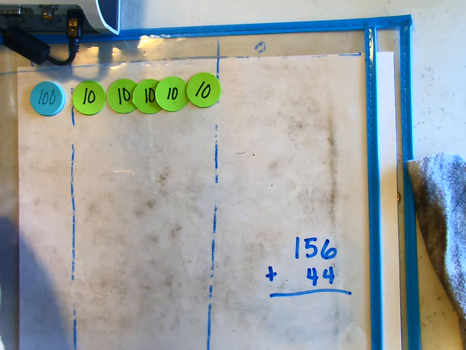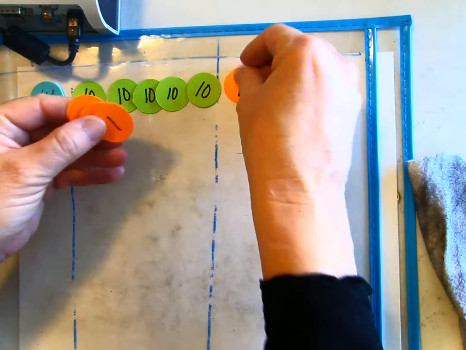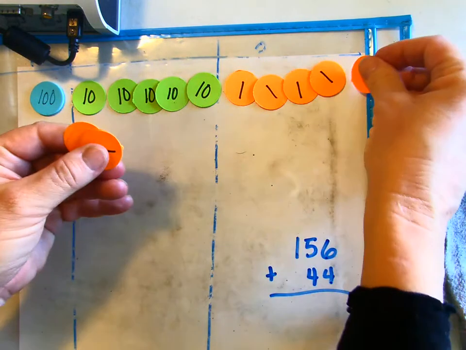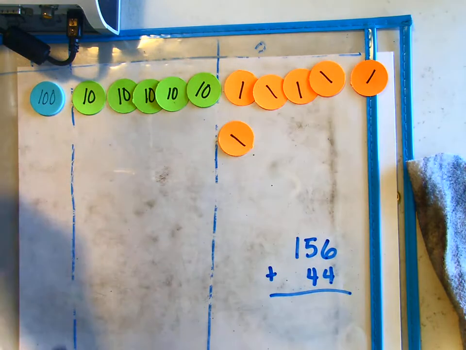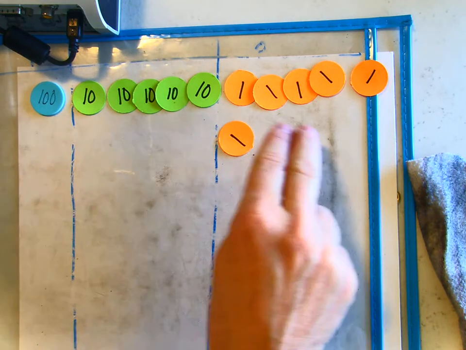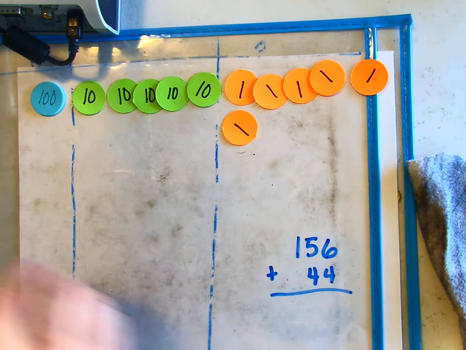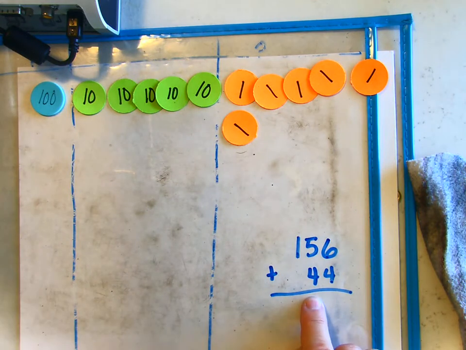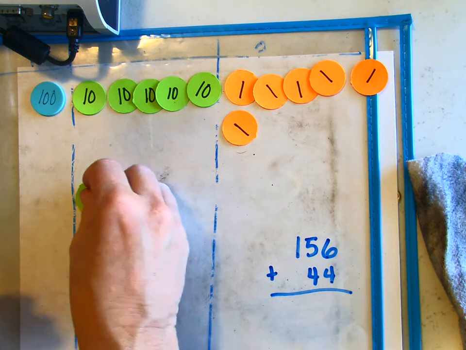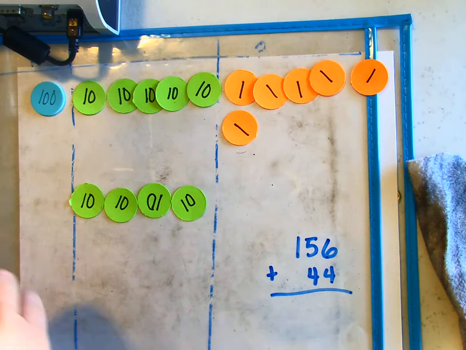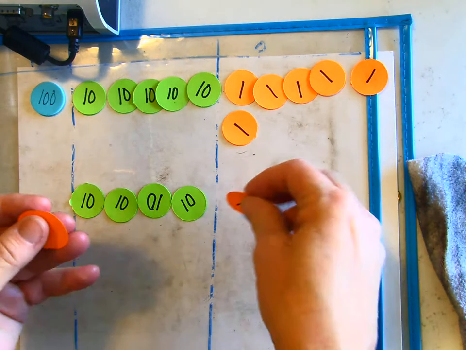And we need 6 ones. 156. And we're going to add to that 44. So nothing in the hundreds place. We need 4 tens and 4 ones. 10, 20, 30, 40. 4 ones.